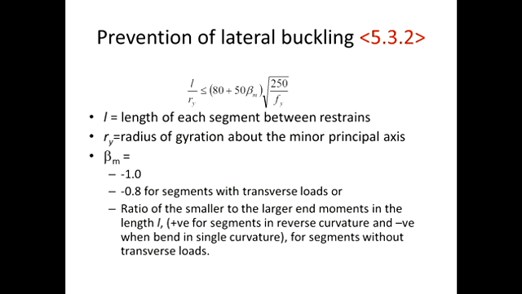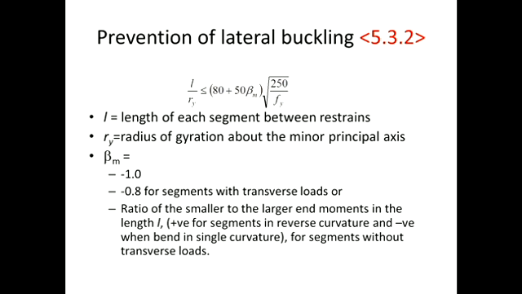And if we go back to this formula, L would be the length of each segment between lateral restraints, and Ry would be the radius of gyration about the minor principal axis.